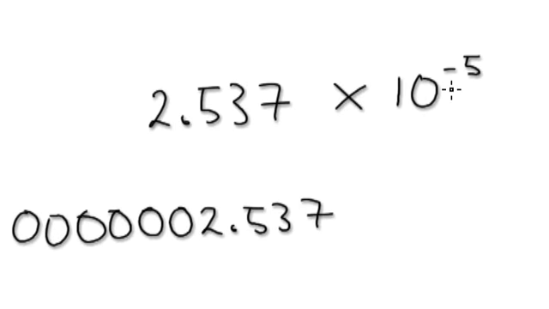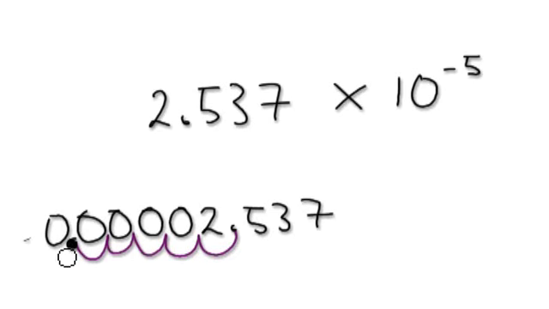Now, times 10 to the power minus 5, that means I've got to move this decimal back, to the left, 5 times: 1, 2, 3, 4, 5. So the decimal would be here. This is useless information, so let me remove these to tidy it up. So the overall answer would be this.